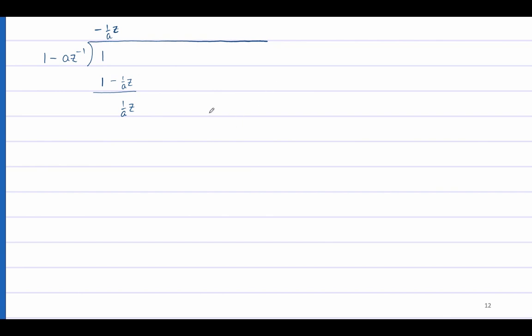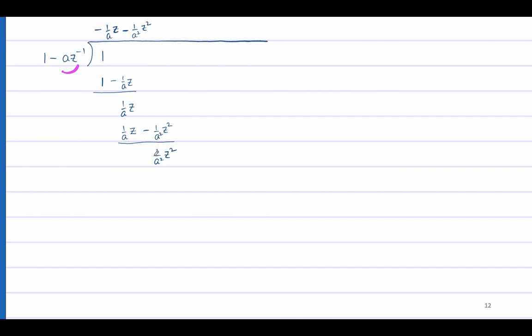Now what do I do with 1 upon a times z? I keep this first, and I have to multiply this with z square to be able to get z to the power 1. So I multiply this with 1 upon a square z square to get this term, and then this, when it multiplies with 1, you get this term.